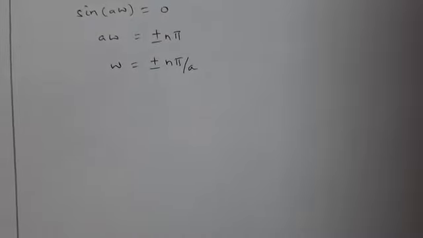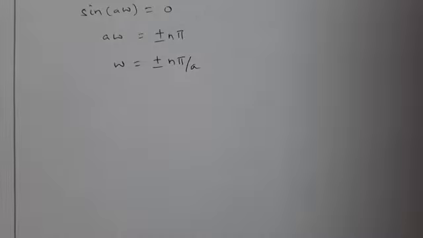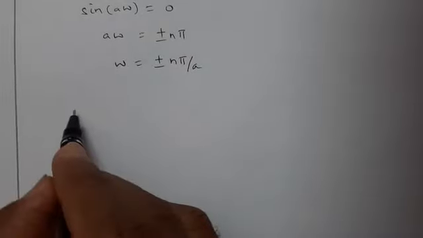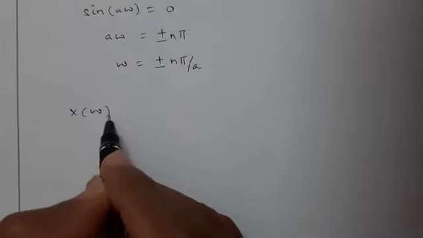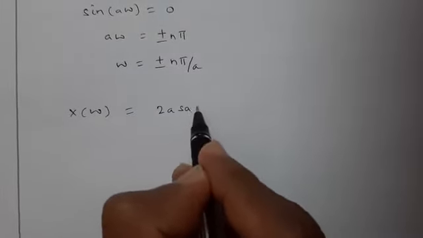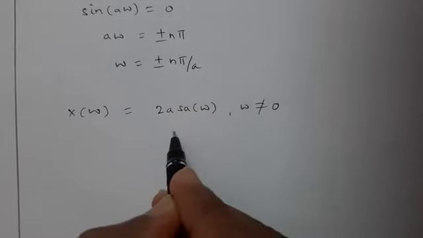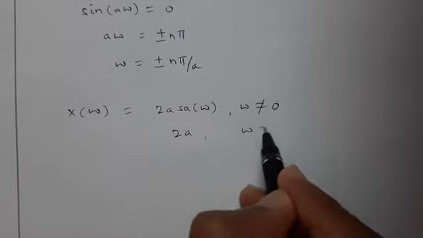Zero crossings means on the x-axis you have to go on writing those values, 0, pi, 2 pi, 3 pi. So what values you should write, that is known by equating the sine term to 0. Your X of omega is now 2a Sa of omega when omega is not equal to 0, and it is 2a when omega is equal to 0.